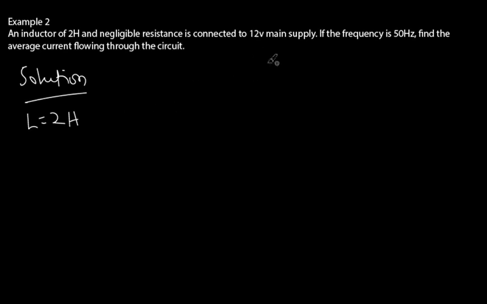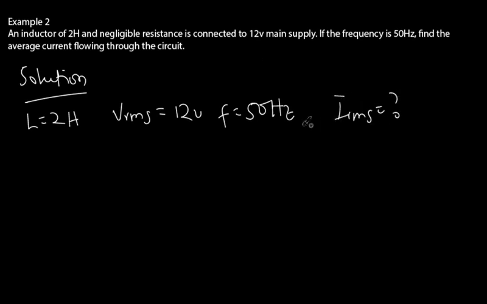It's connected to a voltage of 12 volts, so our root mean square voltage is 12 volts. If the frequency is 50 Hz, find the average current, which is the root mean square current flowing through the circuit. This is what we don't know.